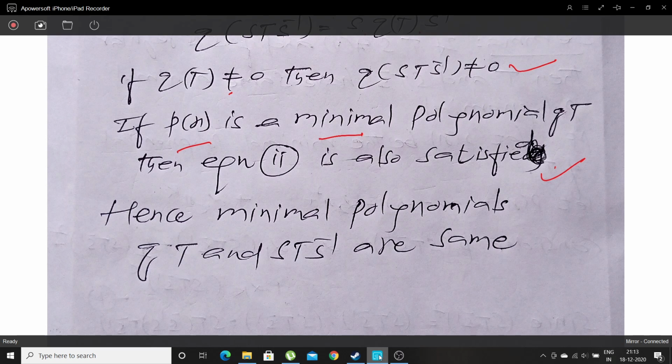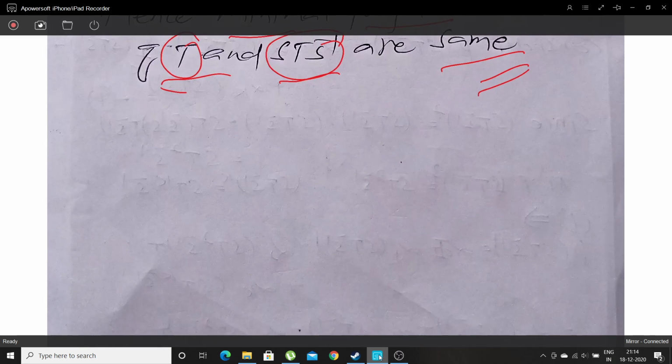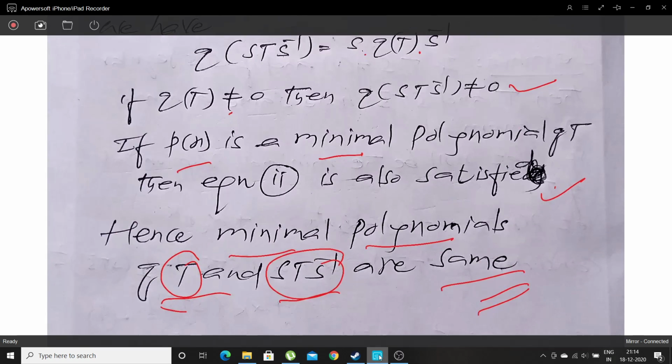By definition, both have the same minimal polynomial. The minimal polynomials of T and STS inverse are equal, that means the same. This completes the proof of the lemma. Thank you.